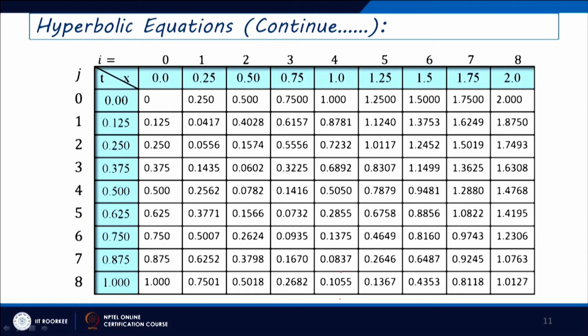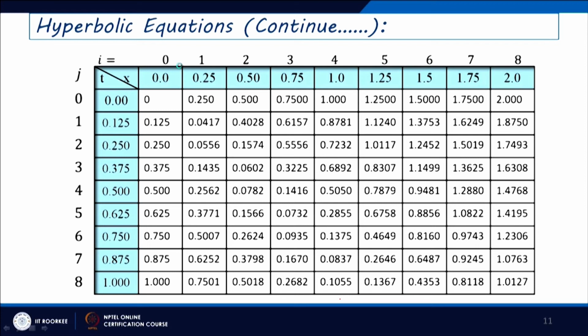And each of these cells, the first coordinate is varying as i equals to 0 and j equals to 0 here. So, all these initial conditions are kept as 0, 0.125, 0.250, since at t equals to 0 we have to define that.